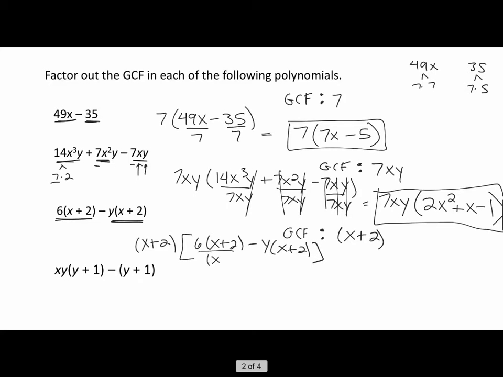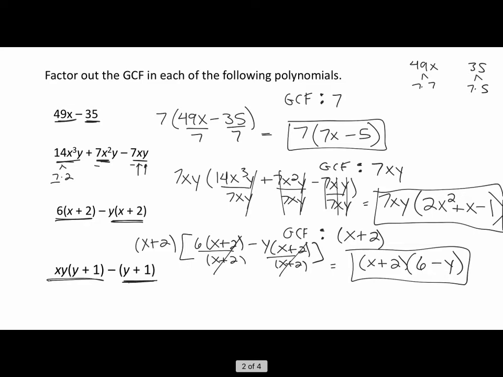So I have to divide (x plus 2) from both terms to see what remains of that binomial. Okay, so let's divide that out, and that's going to leave 6 times 1. And divide that out, that's going to be y times 1. So my factored form is (x plus 2) times (6 minus y).